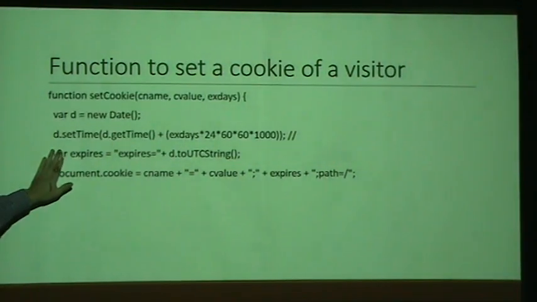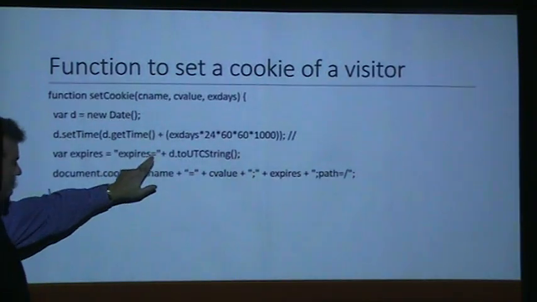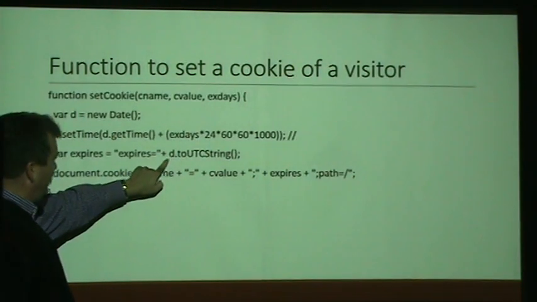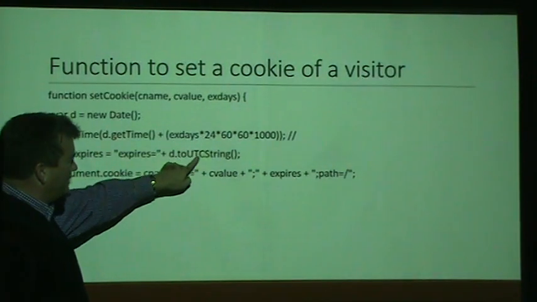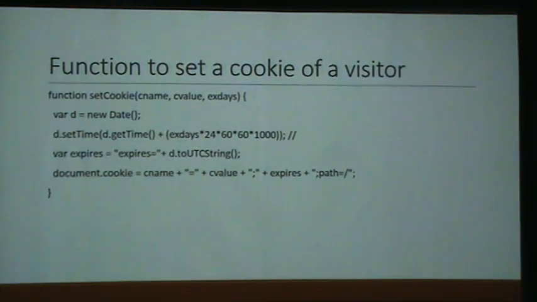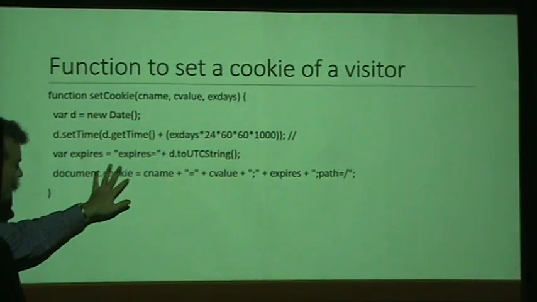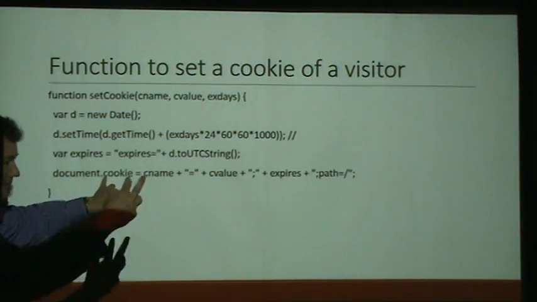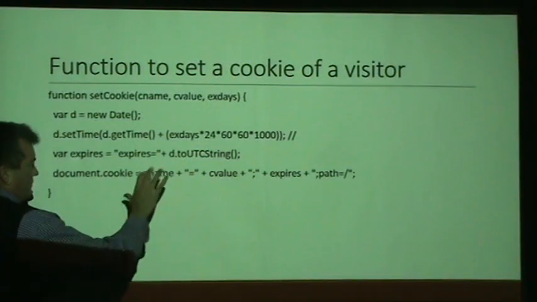So now we're going to build a string called expires, and we're going to say expires equals, and we're going to take the value of the date and convert it to a UTC string, universal time string. Then we write document.cookie. Now remember, if there are already other cookies in this cookie, we're just concatenating to the end, or updating an existing one.